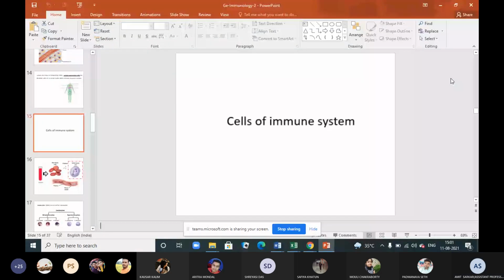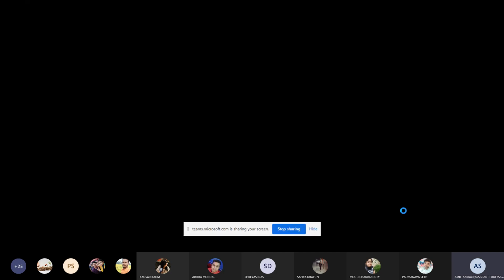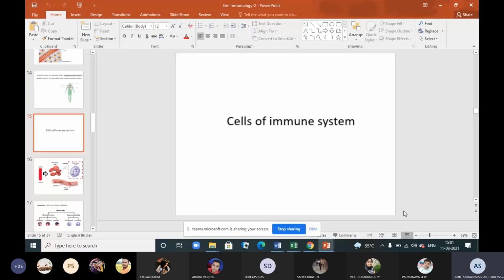So we're in the middle of discussing the cells and organs of the immune system. In the last class, we discussed immune organs. We categorized them into primary lymphoid organs and secondary lymphoid organs.